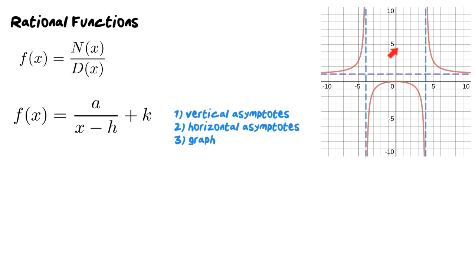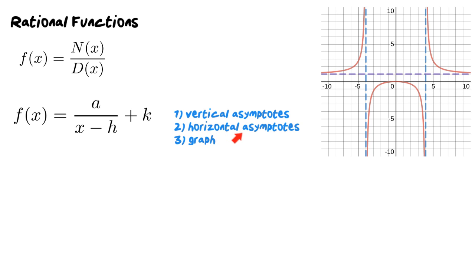This is the graph that I showed you before, that divide the graph into different sections. And these lines are like boundaries, so your graph can't cross those lines. It'll often get closer and closer, but never actually touch or cross those lines. Those lines that divide up the graph vertically into different sections are called the vertical asymptotes. So we want to find where those are.